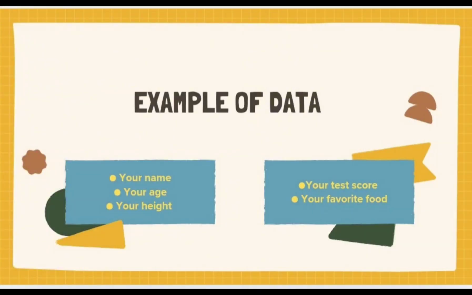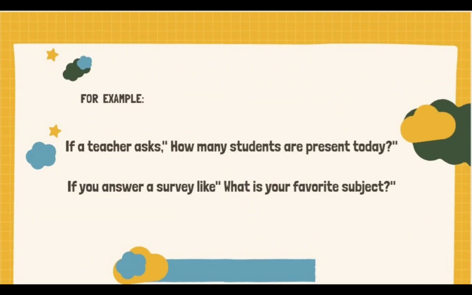Examples of data in real life: your name, your age, your height, your test score, and your favorite food. For example, if a teacher asks how many students are present today, the answer is data. And if you answer a survey like what is your favorite subject, that is also data. So anytime you are giving or collecting information, you are working with data.